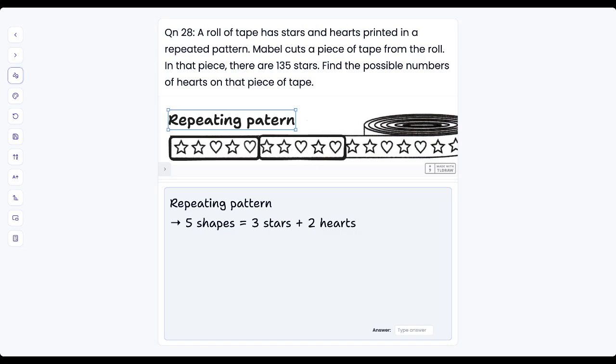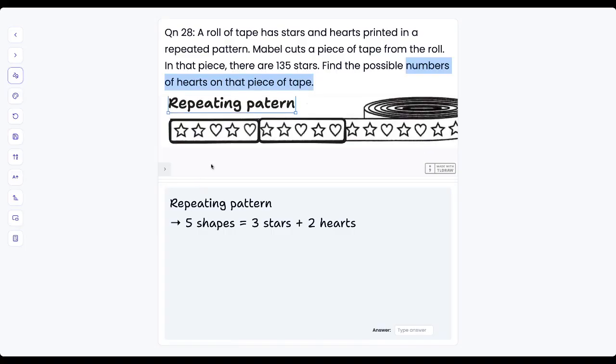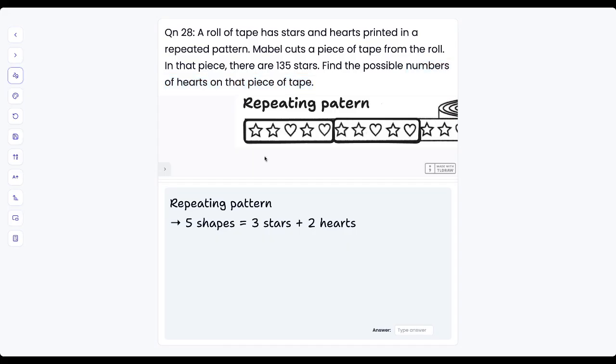Okay, so find the possible number of hearts on the piece of tape over here. At the same time, for the repeating pattern, you want to know the position. So you have 1, 2, 3, 4, and 5.